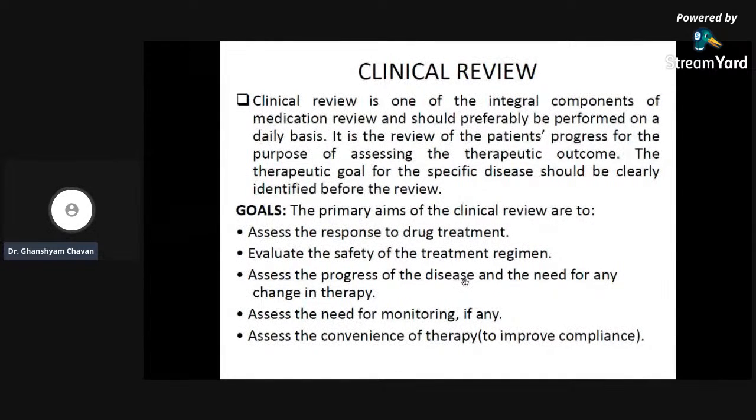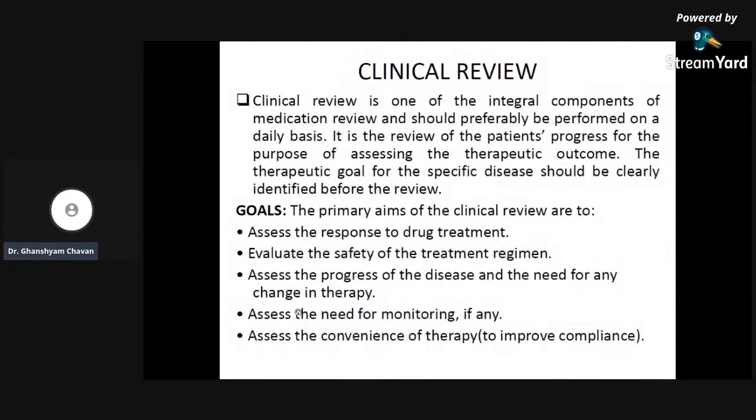If you are getting progress in your status, it means your therapy is going in the right direction, there is no change to make, and you are getting the correct medication. If it is not working, if your body is not responding properly and no progress occurred, in that case we have to change the therapy, change the antibiotic, change the drug.